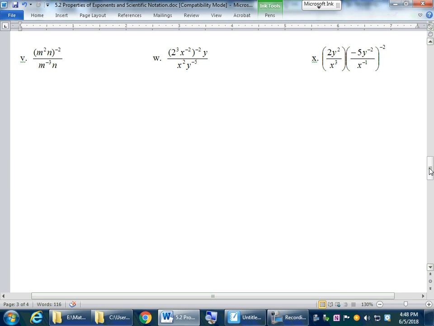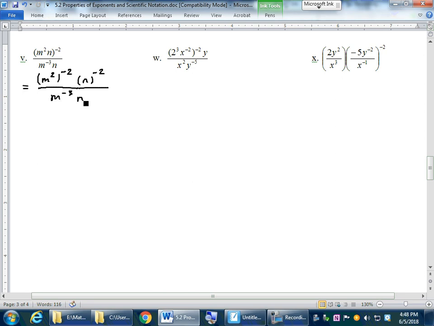On the numerator, I'm going to simplify the exponent in parentheses, which is m to the second power to the negative 2 power, and n to the negative 2 power. In the denominator, m to the negative 3 and n.